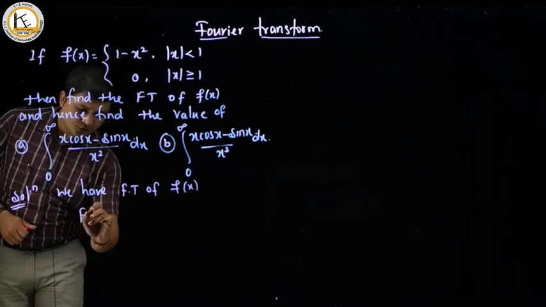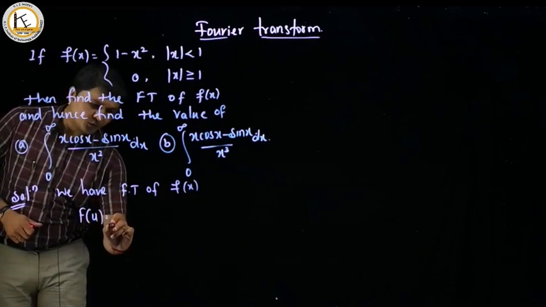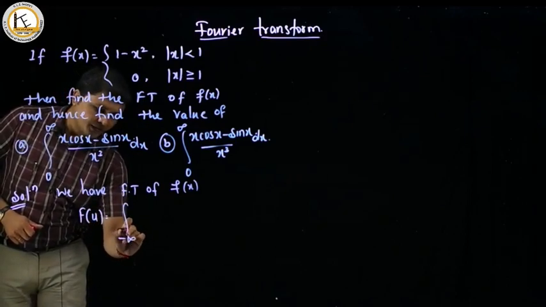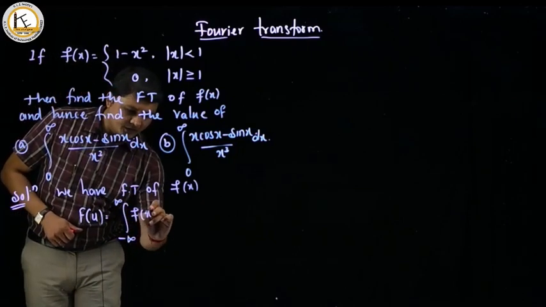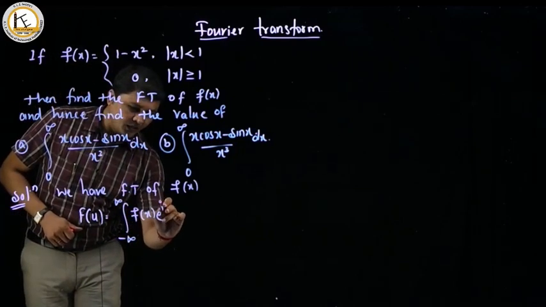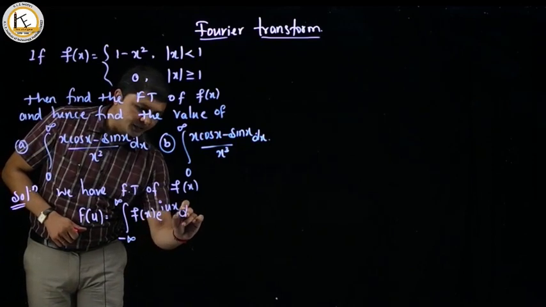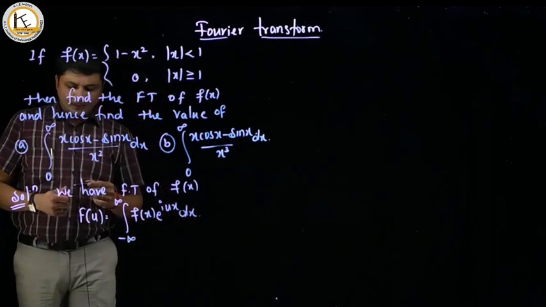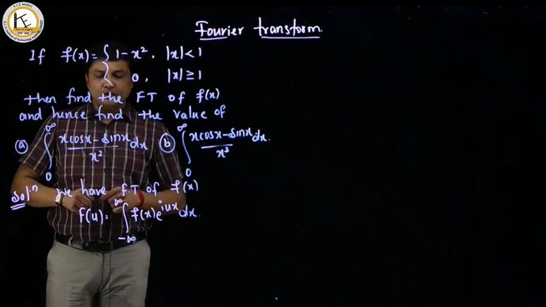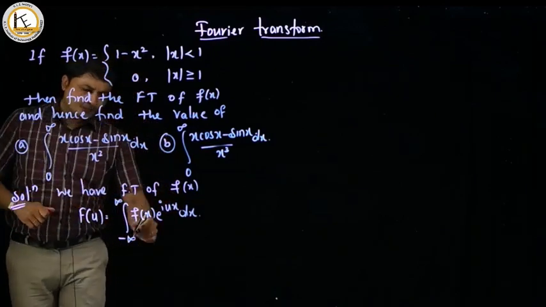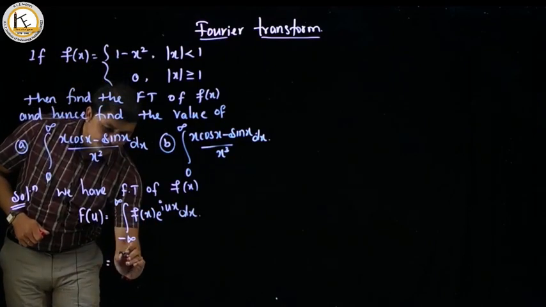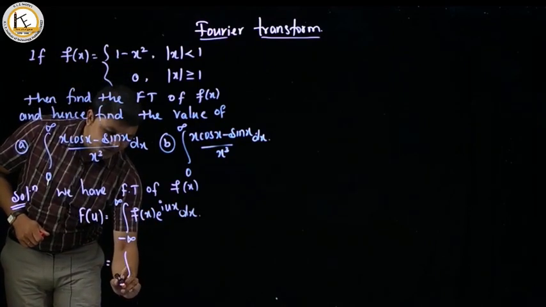So we have a formula here. F of u is equal to the integral from minus infinity to plus infinity of f of x into e raised to iux with respect to x. So this is the Fourier transformation of a given function f of x. Now in this formula we need to substitute the given function.